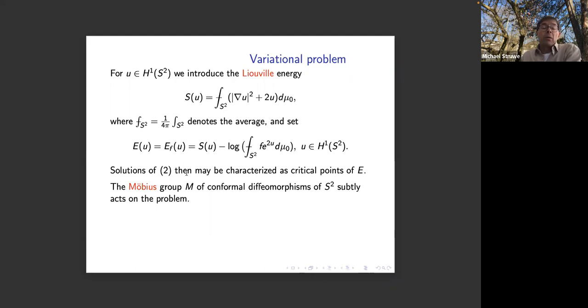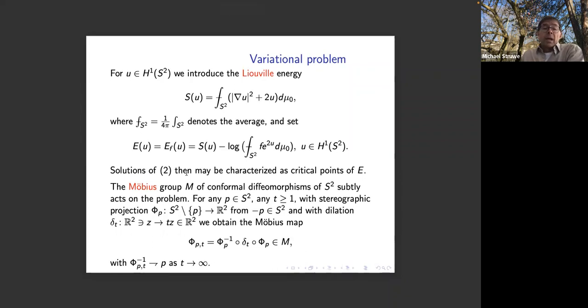And those of you who have looked at this problem will immediately say that there is conformal invariance. So the Möbius group of conformal diffeomorphisms of S^2 acts on the problem.